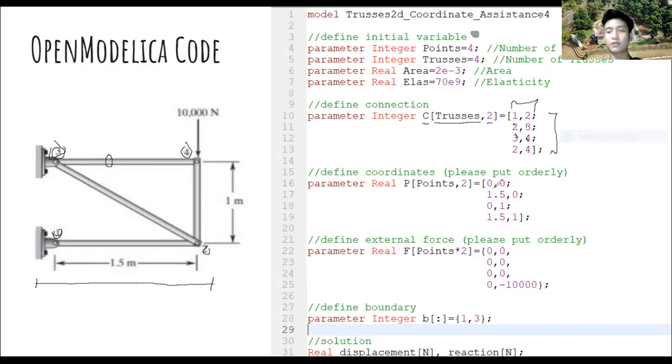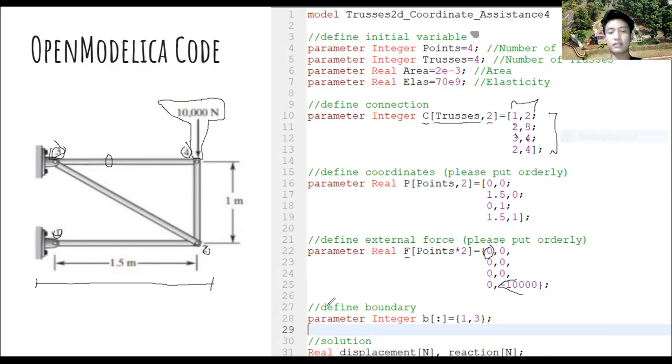So we have these coordinates 1.5, 0, then 0, 1, then 1.5, 1, and so on. In line 21, we define the external force. As we see here, we have an external force at node 4 equal to 10,000 Newton. So here we create parameter F, points times 2. We have the force here 0, 0 because the force is only at node 4. We put it on node 4 only, and it is negative because it points downwards.